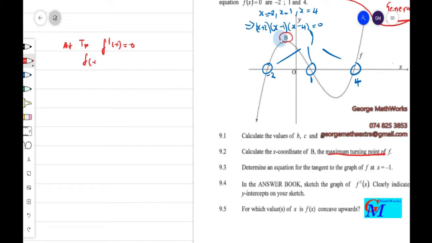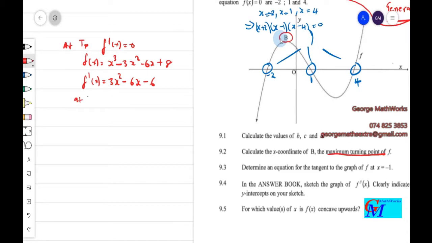If we have found our f of x to be x cubed minus 3x squared minus 6x plus 8, then f prime of x is equal to 3x squared minus 6x minus 6.